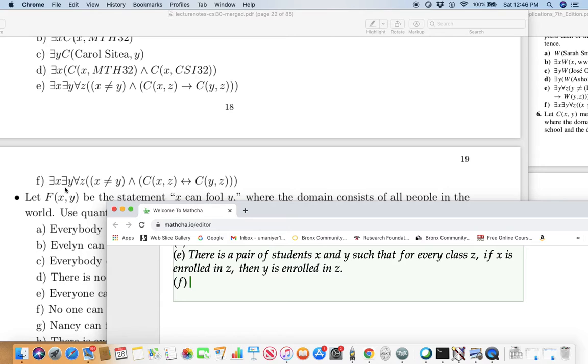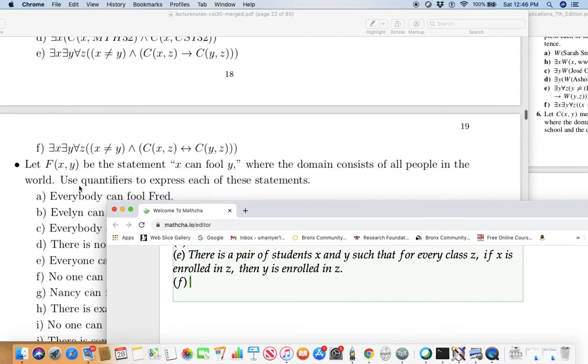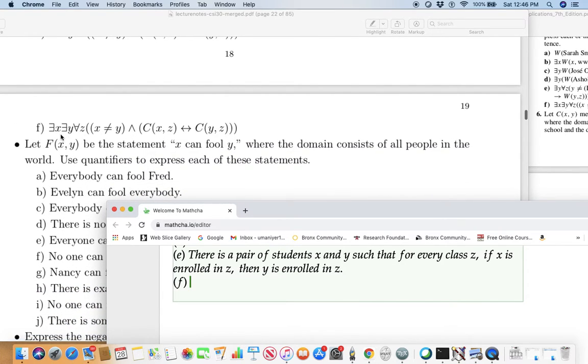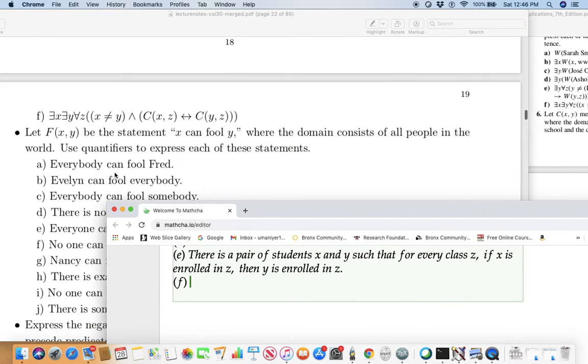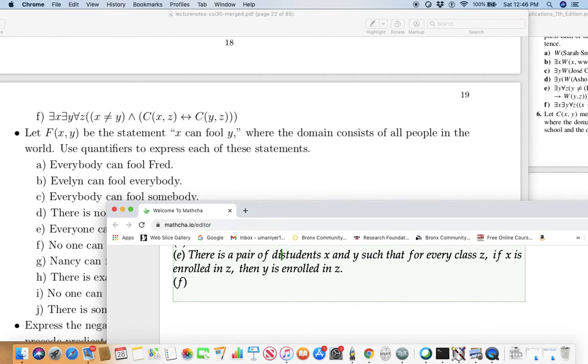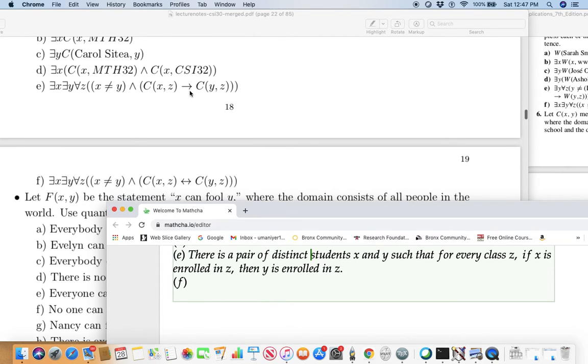Next. There exists X, there exists Y for all Z. So you have a pair of distinct students, let me say distinct just to be clear. This is if and only if. So it's not a one-way implication anymore.